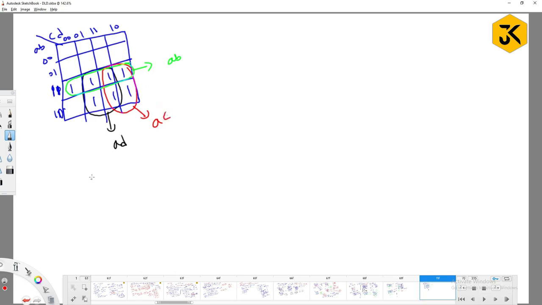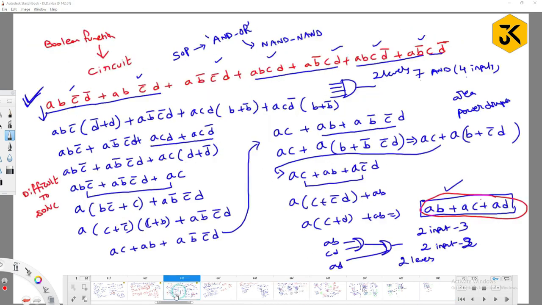So if you observe, this expression is AD plus AC plus AB, which is equivalent to the starting expression, right? This is the expression we got: AB plus AC plus BD.